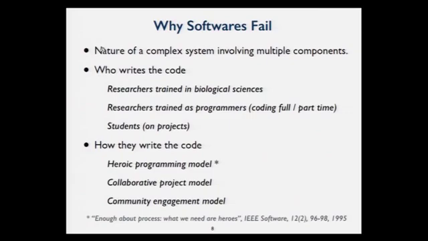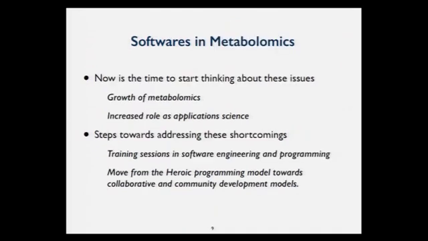Now, the picture that we have right now is we've got researchers here who are not trained in the fundamentals of software engineering. You've got researchers here who try to take the easy way out, working on the heroic programming model, where they try to do everything. So as you can imagine, this is an opportunity where lots of errors and issues seep into the system.